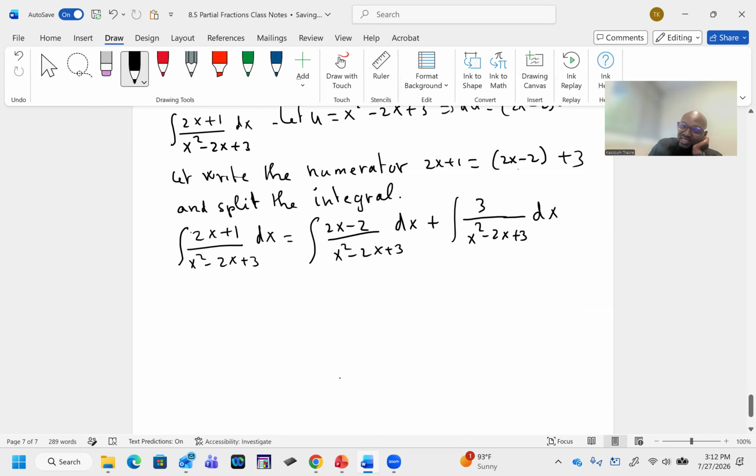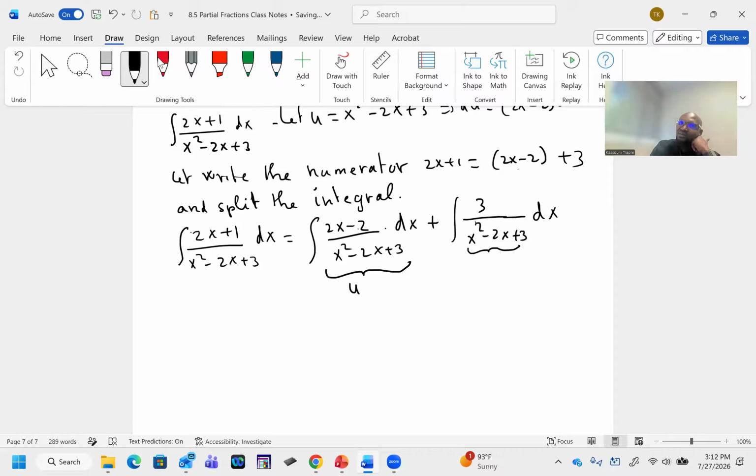So now this will work with my substitution, right? We said this is u, and then du will be 2x minus 2. But what about this one? Still, we cannot find this. I have to look at my table of integration and try to make this a perfect square plus something.